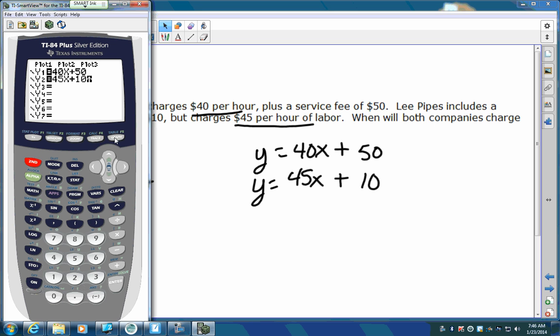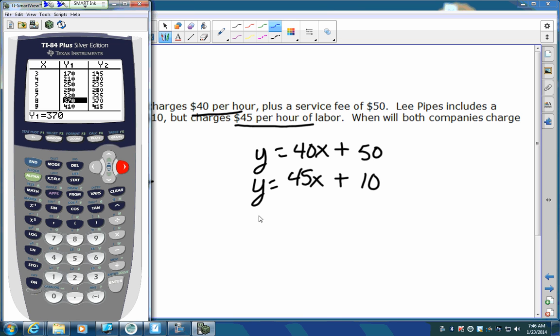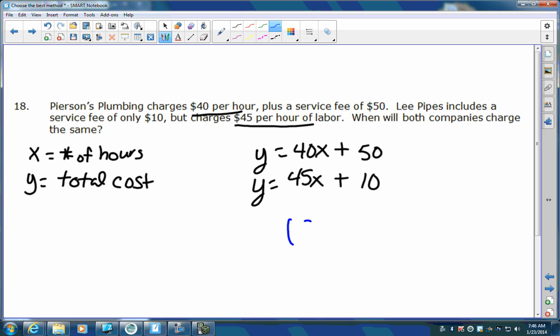Second graph. What am I looking for? I heard somebody say it, though. What is it? 8. Whoa, I missed 8. 8, and what are both the charges? Okay, 8 and 370. So the ordered pair is 8 and 370. Now, we did this on the last test.